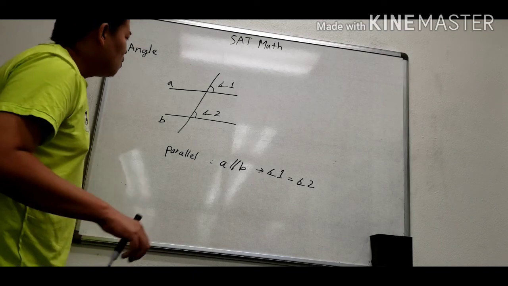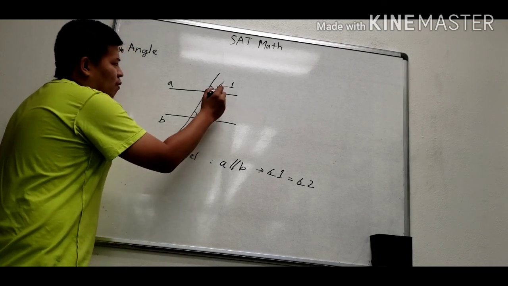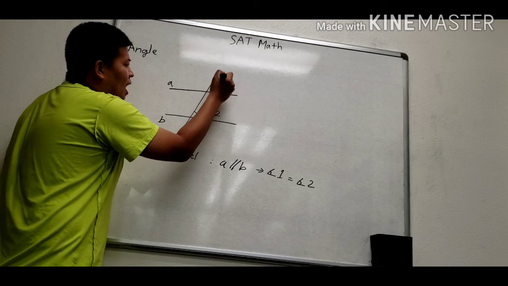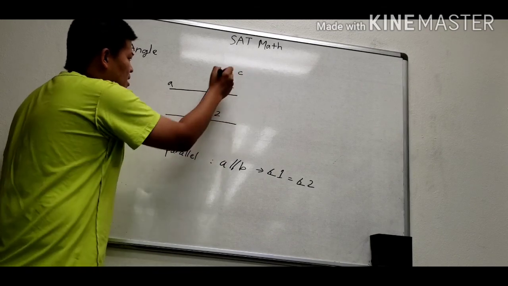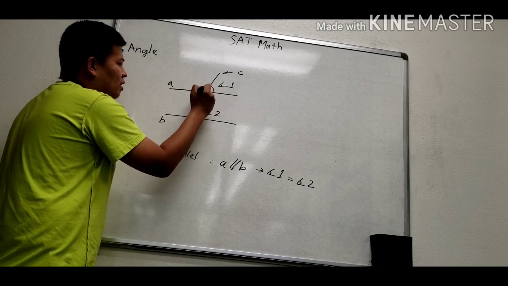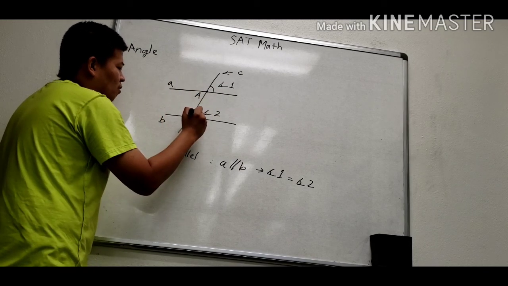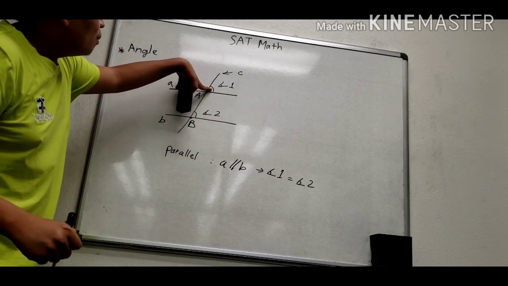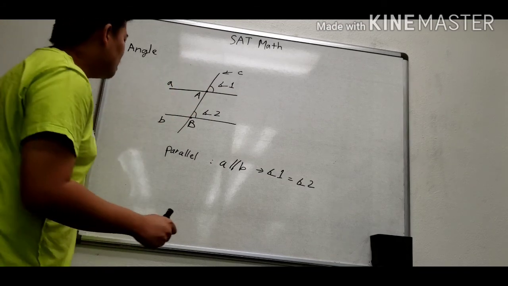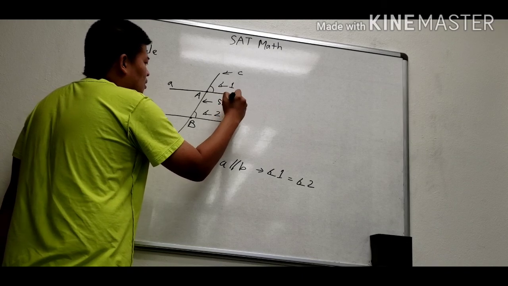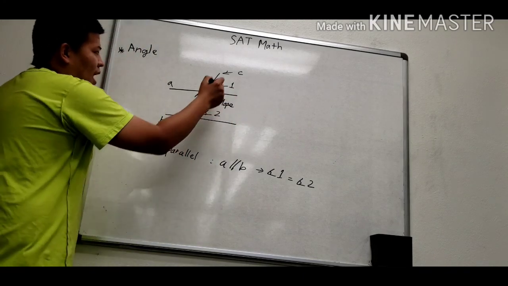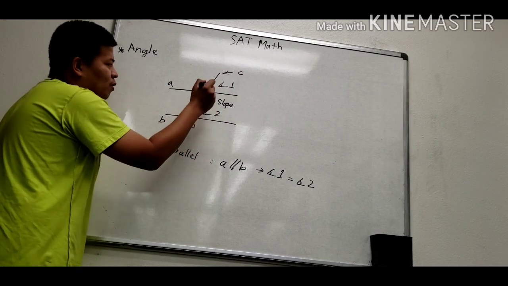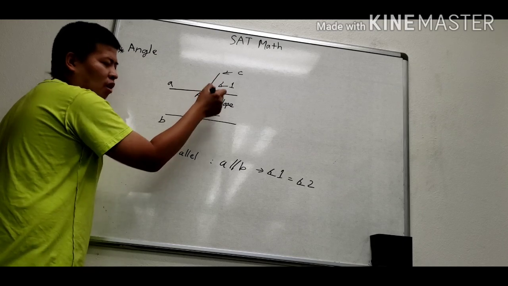We cannot do it this way with angle number 1 and angle number 2 unless the line in here, which is line C, intercepts A at one location and intercepts B at another location. The reason why angle number 1 equals angle number 2 is that the line intercepts the two parallel lines, so when it creates the intersections with A and B, they have the same slope.